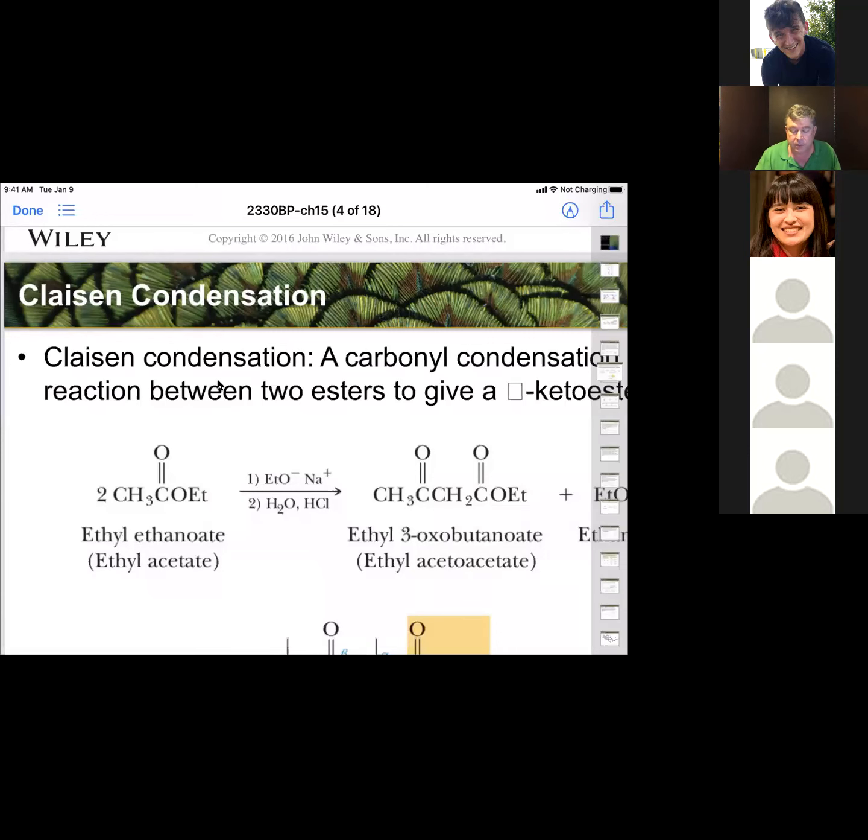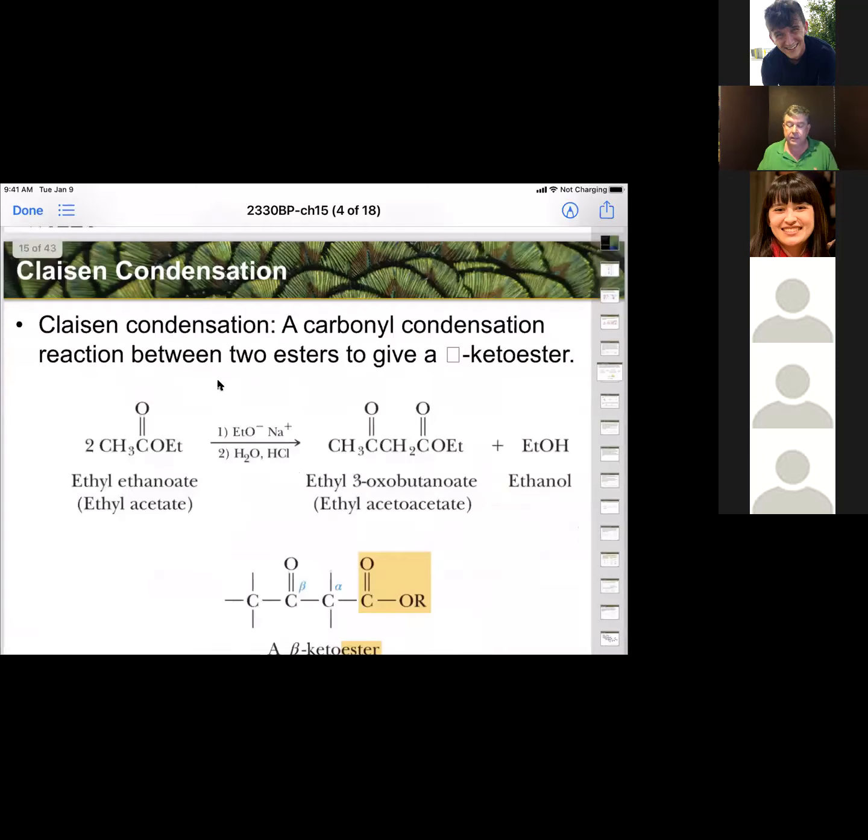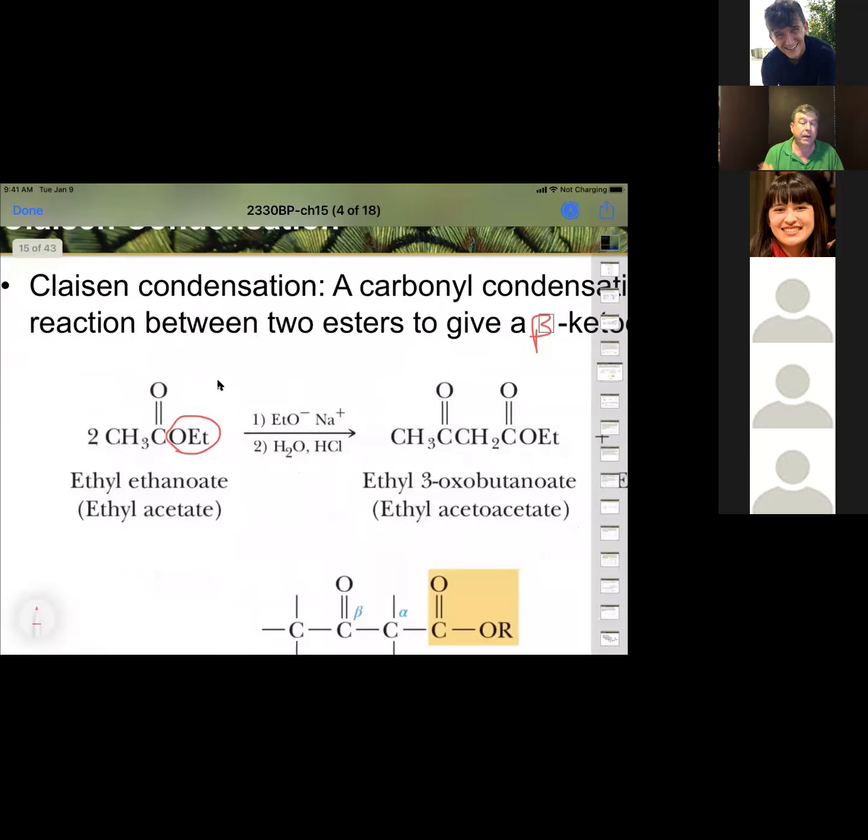Okay. So if the Claisen is with esters only, we have to still have alpha hydrogens. And when we have those alpha hydrogens, we're going to create a beta keto ester. Okay. So when we look at our ester, one side will never have alpha hydrogens because that's the ester portion.